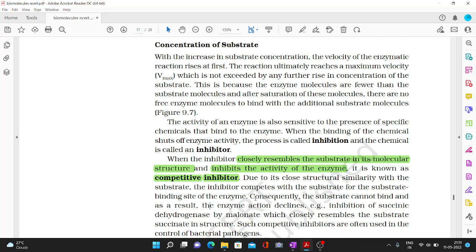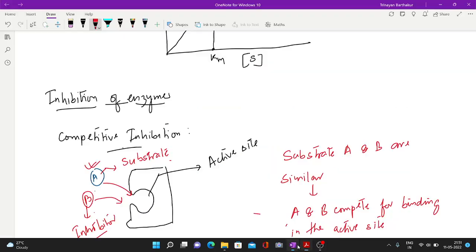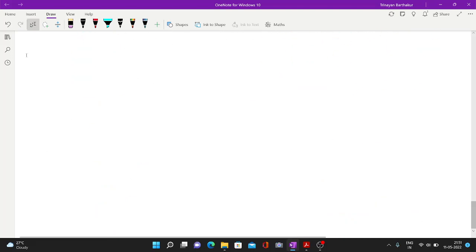See this reaction, this entire thing, competitive inhibition is completely reversible. Okay, competitive inhibition is completely reversible. It is a reversible inhibition. Okay. How do you reverse this inhibition?